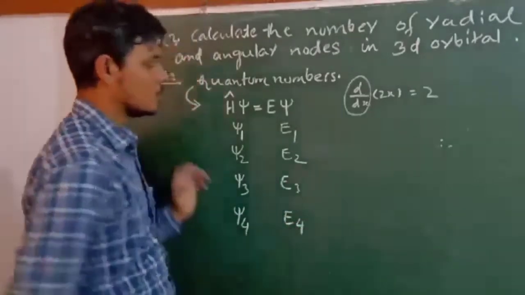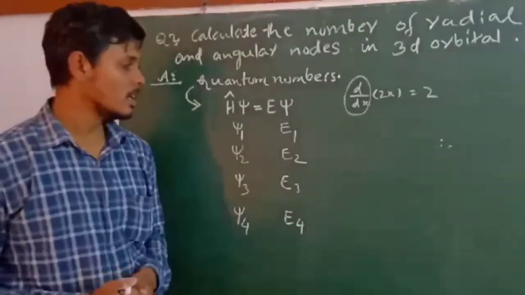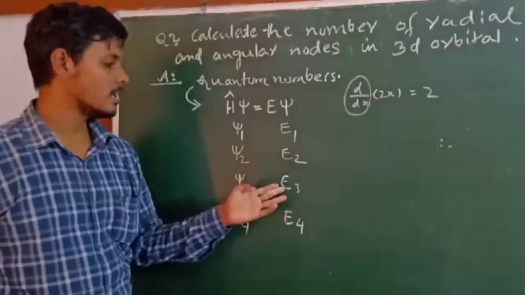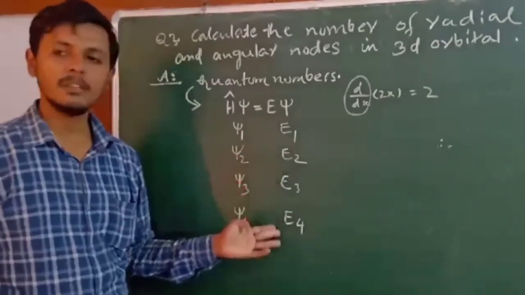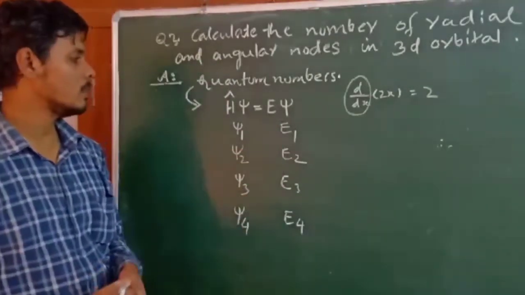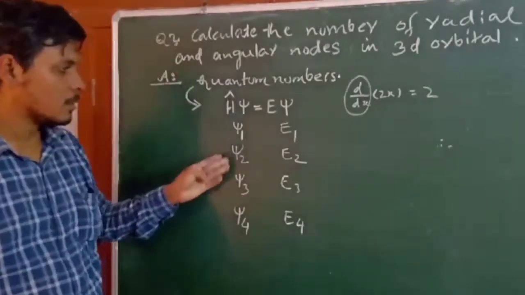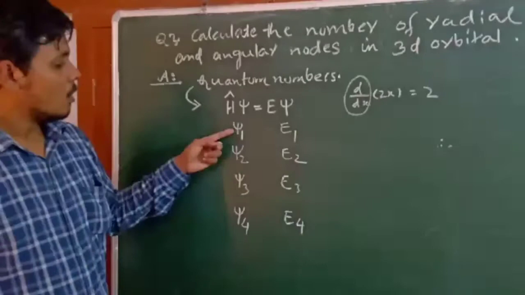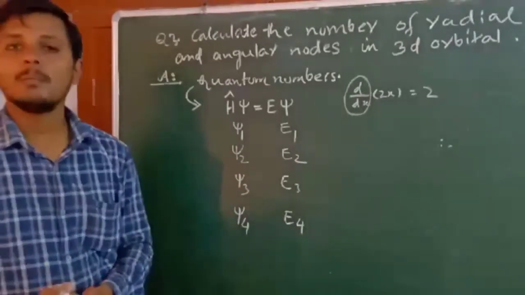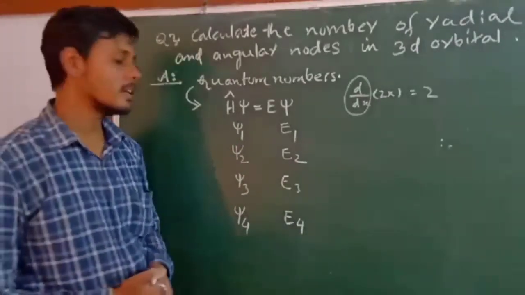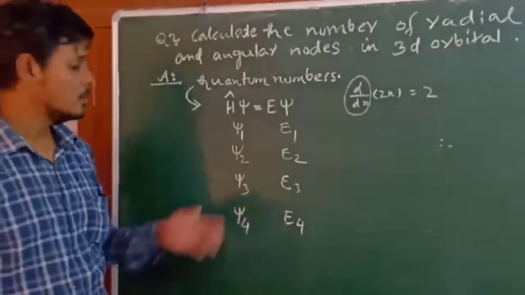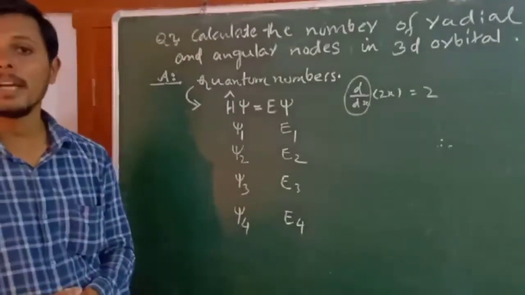These are the solutions of the Schrodinger wave equation: the values of energy and the values of the wave functions. Now, all of these wave functions are not acceptable. There are certain criteria that tell us which of these wave functions are acceptable.